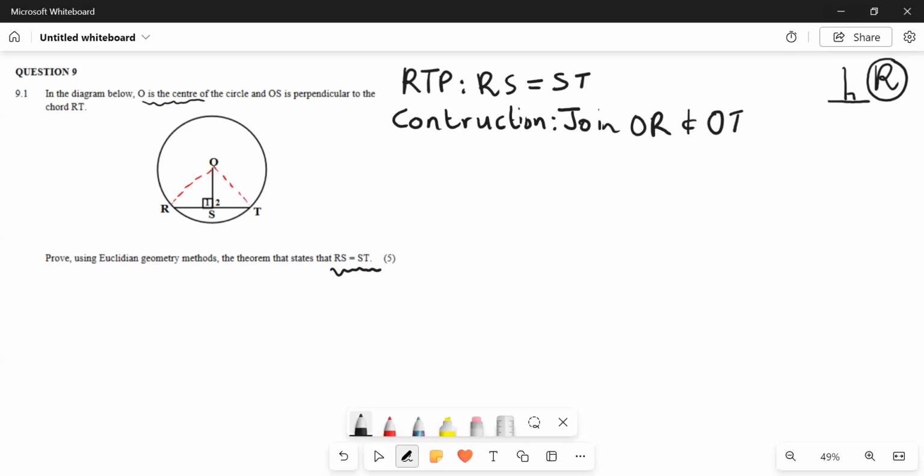I only saw a chord, which is RT. So now, through my proof, I'll have to construct at least so that I can have my radius. Now I have OR as my radius as well as OT as my radius. That's good. Then now let's jump into our proof.